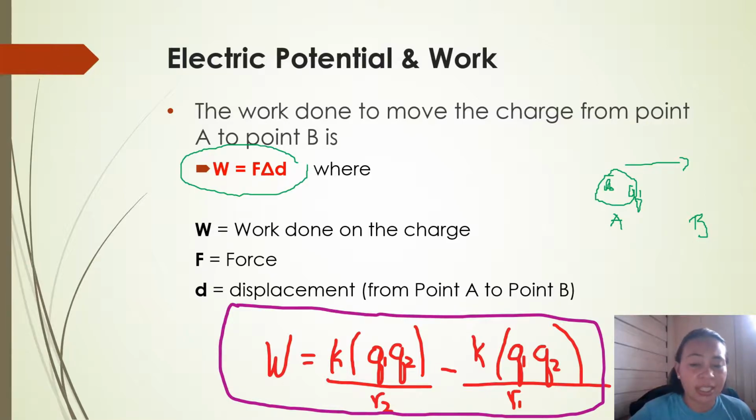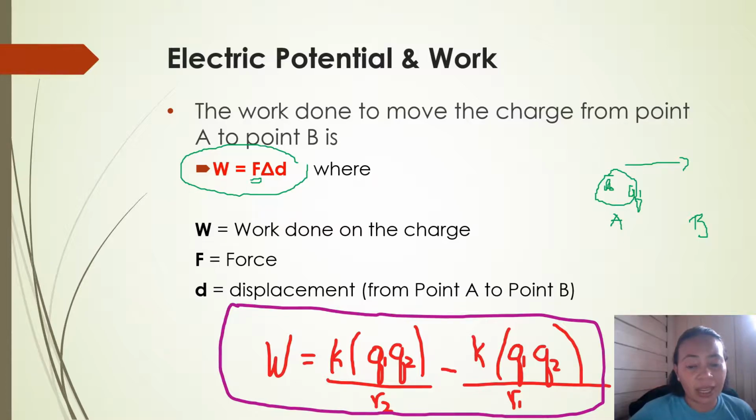The work done is solved by the formula F delta D, where W is the work done on the charge, F is the force, and D is the displacement from point A to point B. Now, if you replace F with the electric force, K Q1 Q2 over R squared, you will have a new formula for work.